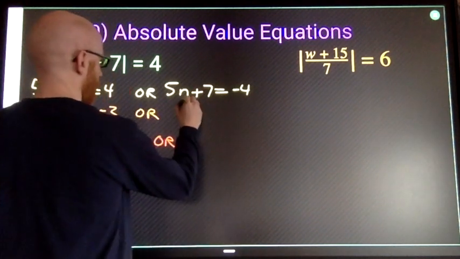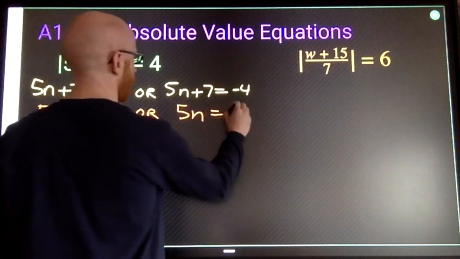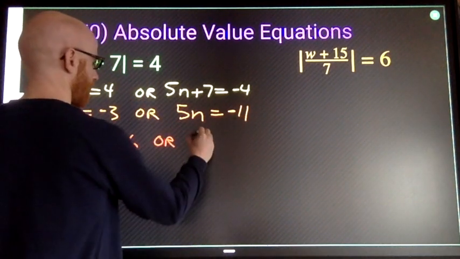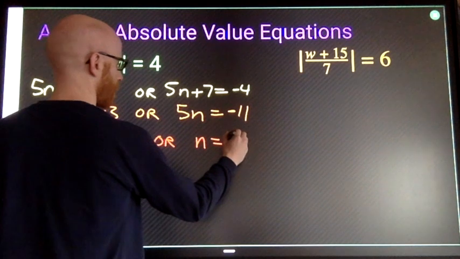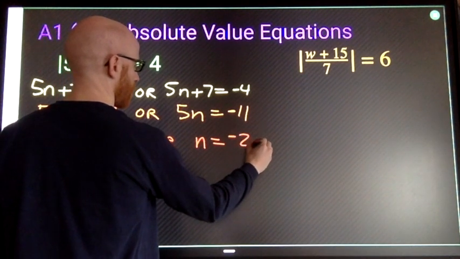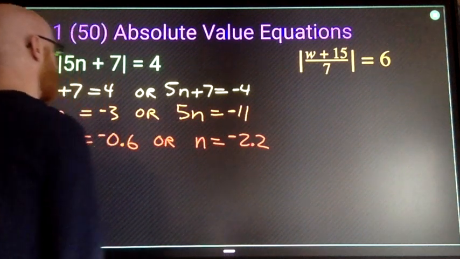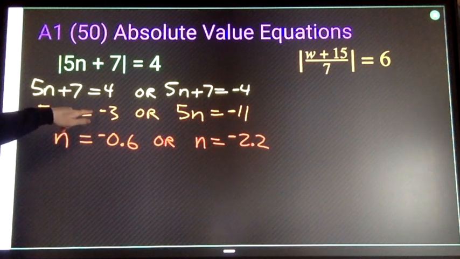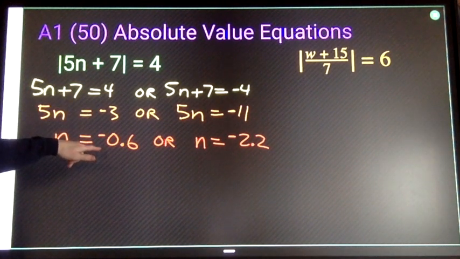Subtracting 7. All right, for that one, subtract 7 from both sides, divide by 5, both sides.